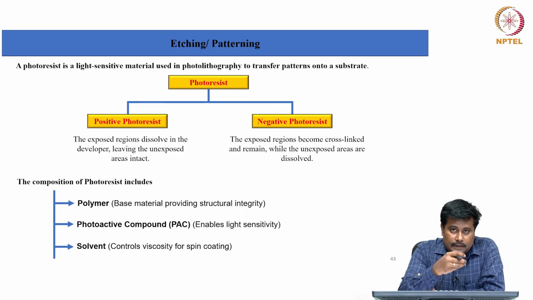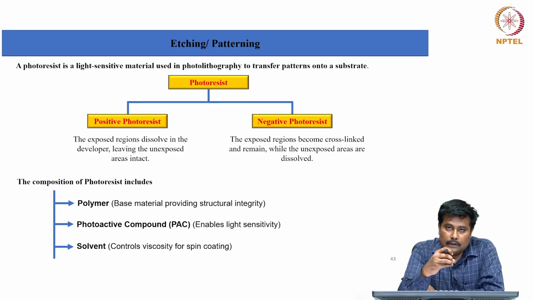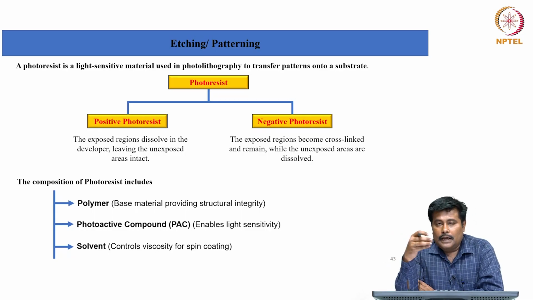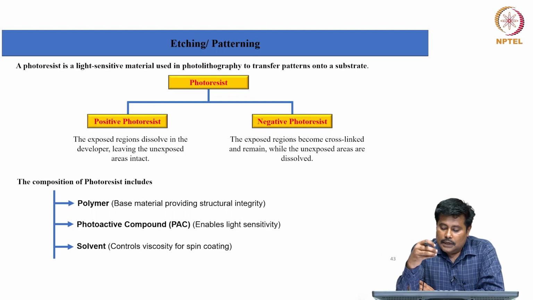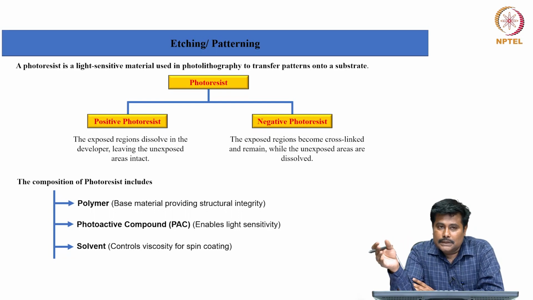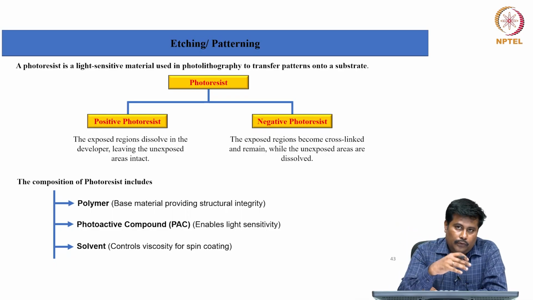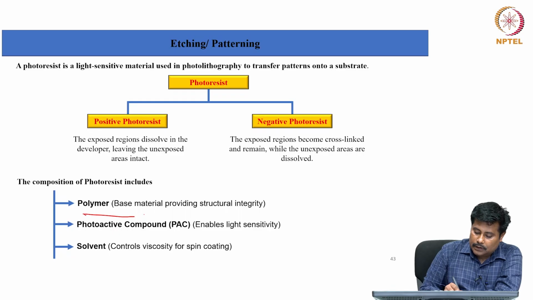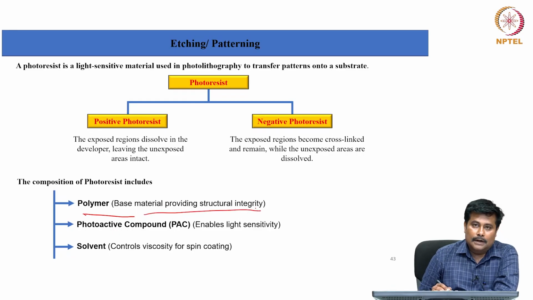In the case of a positive photoresist, the exposed region dissolves in the developer, leaving the unexposed area intact. In the case of a negative photoresist, the exposed region becomes cross-linked and remains when the unexposed regions are dissolved. The different compositions of the photoresist include a polymer, which is the base material providing the structural integrity.